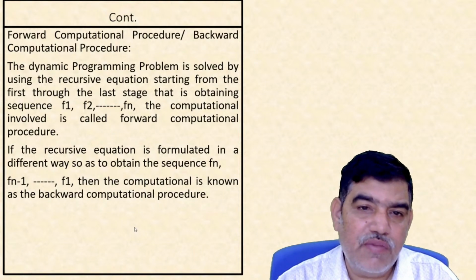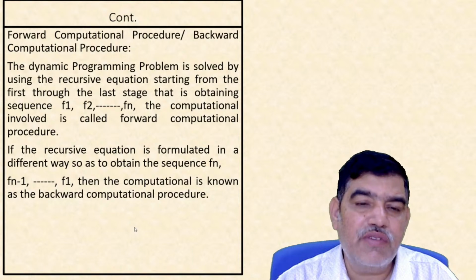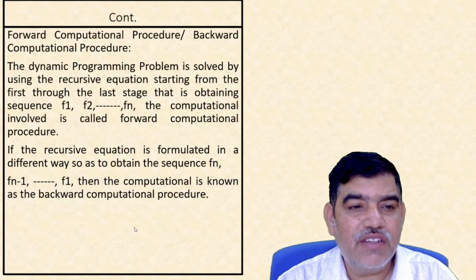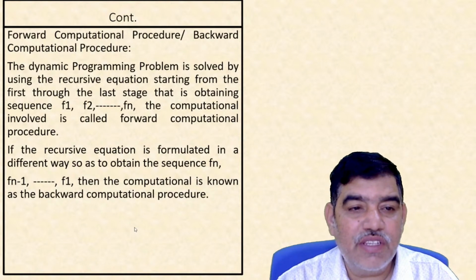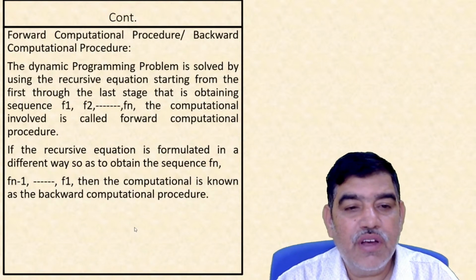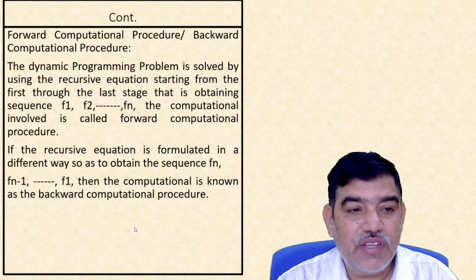The dynamic programming problem is solved using the recursive equation starting from the first through the last stage, obtaining the sequence F1, F2 up to Fn. The computation involved is called forward computational procedure.